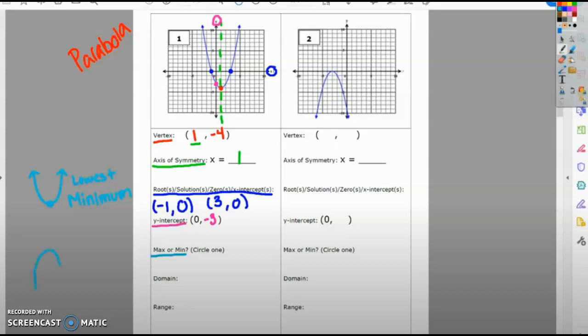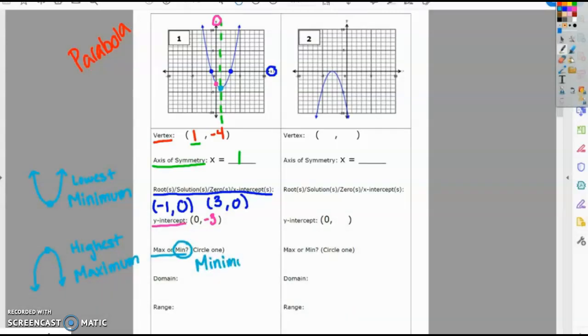Or if it looks like this, with the vertex up top, that has a highest point, so that would be a maximum. Now if we look at this graph right here, here's our vertex. Notice that one looks like a U. That means it has a minimum value, so this graph has a minimum.